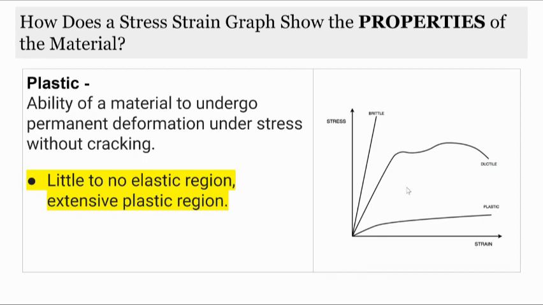And so we can see an example of a brittle material, a material that has an extensive elastic region, but no plastic region. An example of a ductile material has an extensive elastic region, but also a very long plastic region. And an example of something that's plastic, a very, very small elastic region, but an extensive plastic region.